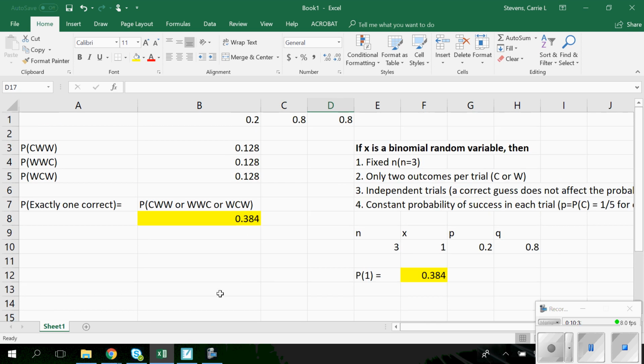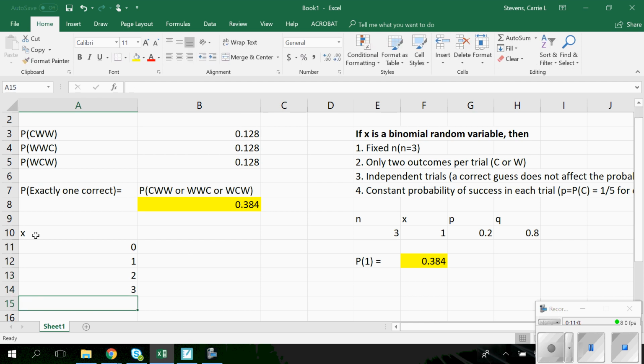All right, something else that is cool. If we look at this side as just a generic probability distribution, where x is the number of successes, then x can be 0, 1, 2, or 3, since we're doing 3 questions. So you can have none correct, 1 correct, 2 correct, or 3 correct. That's the exact number of successes.